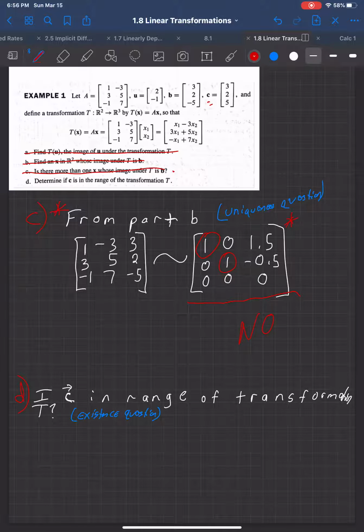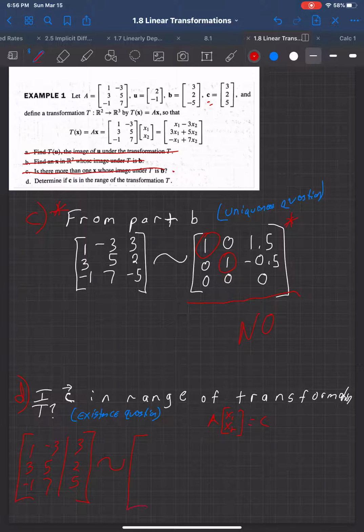Well, let's go ahead and set everything up. We're going to take A times x sub 1, x sub 2, only now we're going to set this equal to C. So we have 1, 3, negative 1, negative 3, 5, 7. And now we're going to take vector C, which is 3, 2, 5, and we're going to row reduce.